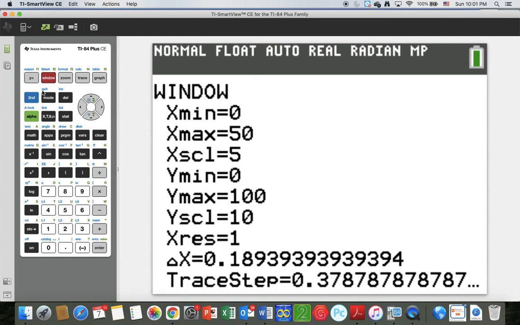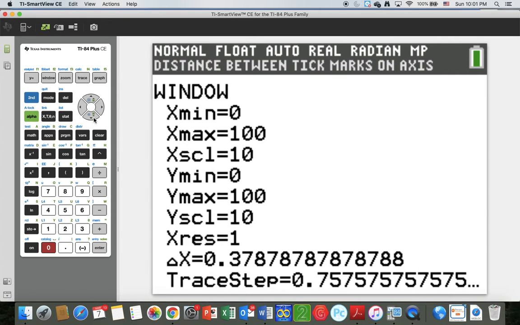Now, your window again has to be, you have to know what to put on your window. Well, there's only 6 O-rings, so we could go, let's see, that's Y, or that's temperature. So let's go 0 to 100 degrees by tens. We only have 6 O-rings, so let's go 0 to 6 by ones, and look at this graph.